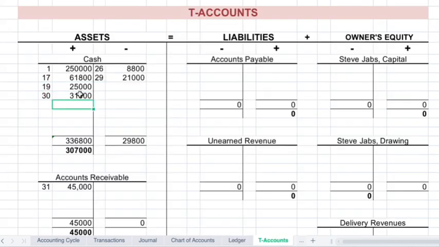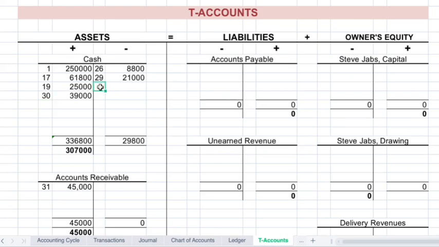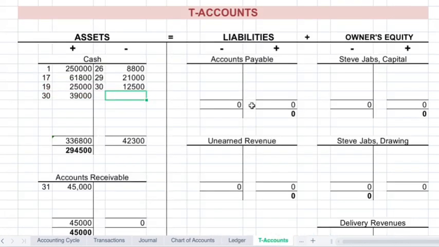Okay, and then we have May 30, 12,500 credit. And May 31, 14,500 credit.